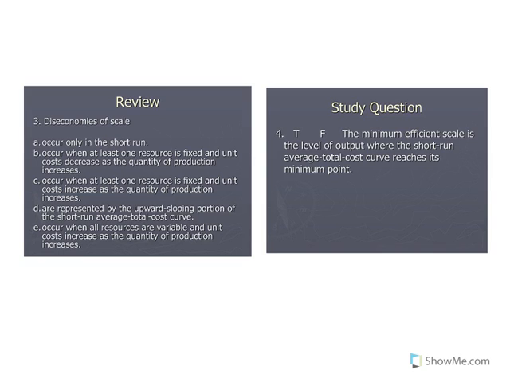Number 3, diseconomies of scale is what? So again, if we look at all of these different choices available to us, the only one that is correct would be E. In other words, it occurs when all resources are variable. So that's in the long run, because in the short run, they're not all variable.